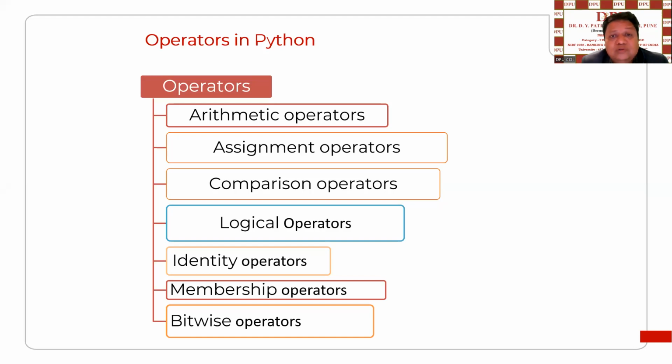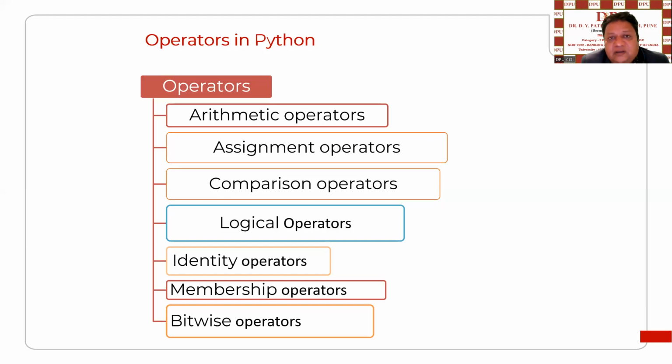And in order to do that, in Python, we have identity operators. From the name itself, you can guess the work of the identity operator. It will give you the identity of the variables, whether two variables are the same or different.